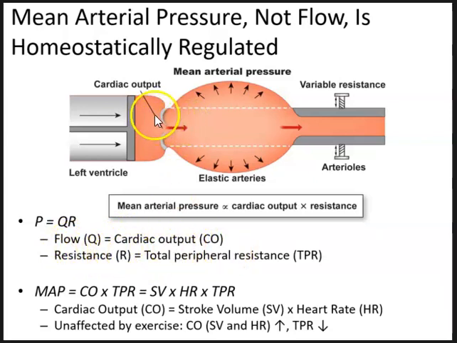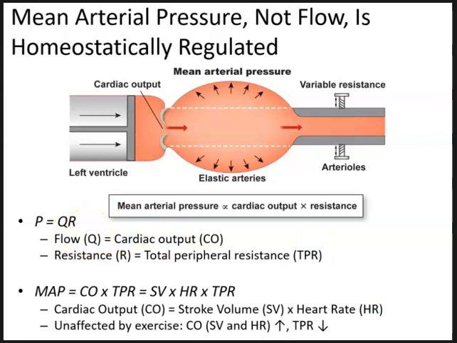So how much blood is being pumped by the heart out into the system is equal to flow, or the flow of blood. Resistance, R, we're going to say is the same as total peripheral resistance. So peripheral resistance is just the resistance to flow by the arterioles. And we have already used this formula. Pressure is equal to flow Q times resistance, big R.